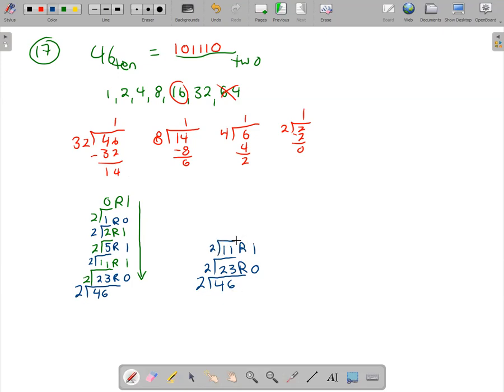And then just keep going that way. 2 goes into 11 5 times, remainder 1. 2 goes into 5 2 times, remainder 1. 2 goes into 2 1 time, remainder 0. And then finally 2 goes into 1 0 times. That gives me my last remainder, which is this one right there.